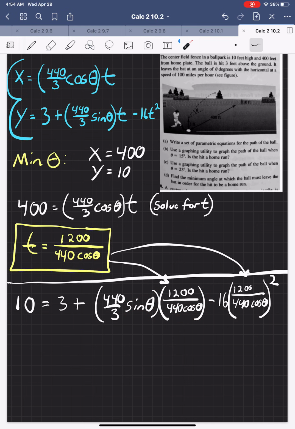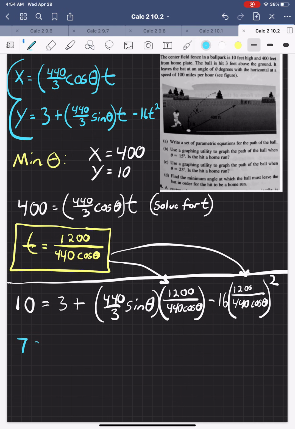Since 1 over cosine is secant, and it's squared, you're going to end up with a secant squared here. And then obviously if you subtract 3 from both sides, you'll end up with a 7 on the left. So a little bit of manipulation would get you to here.